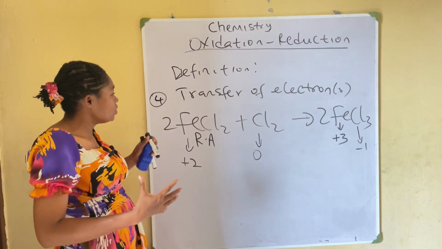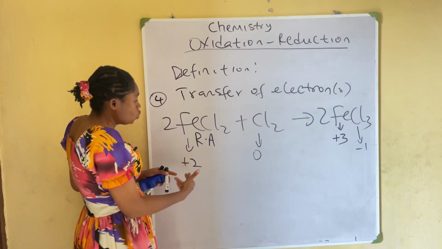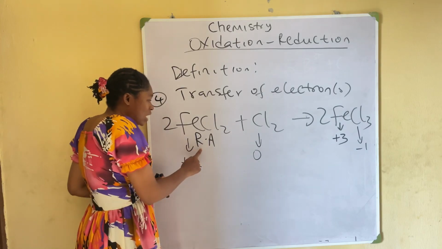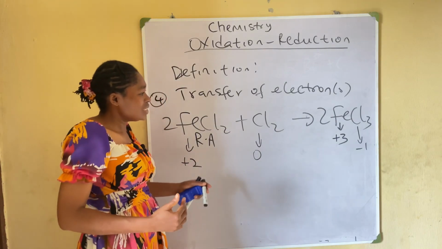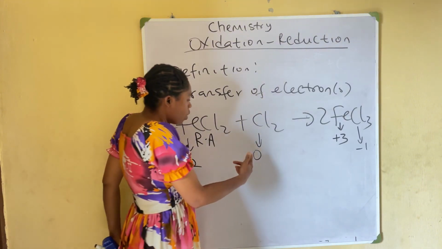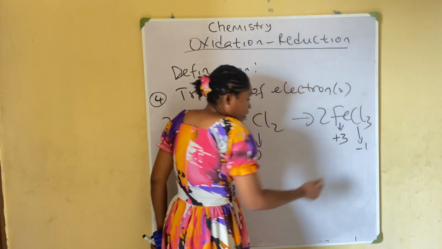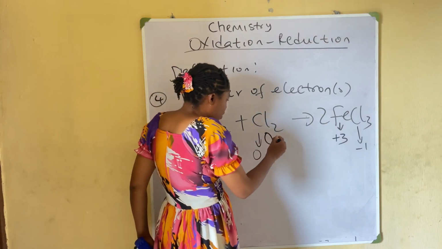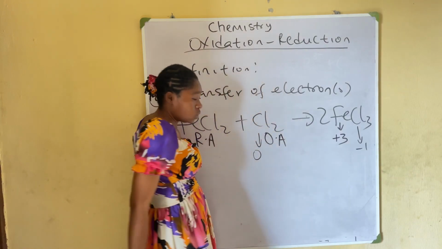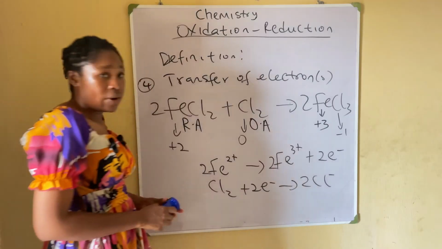Anyone that leads to increase in oxidation number, from +2 to +3, that species is the reducing agent. The one that leads to decrease in oxidation number, chlorine is 0, and here it's -1. 0 is bigger than -1. So that species or that substance is the oxidizing agent.